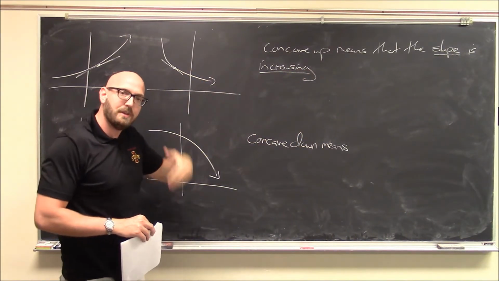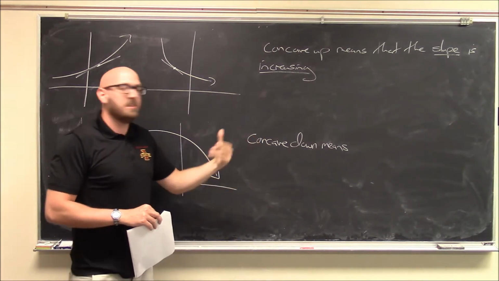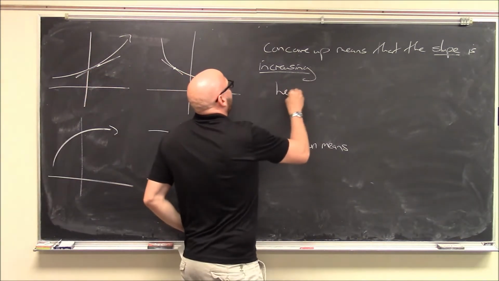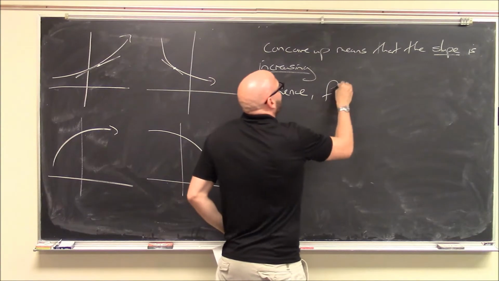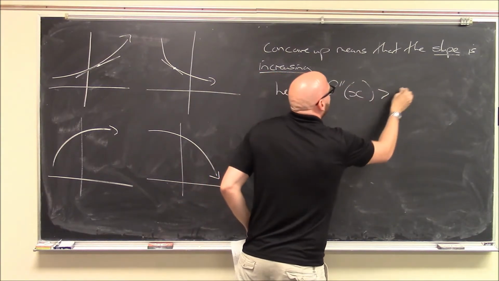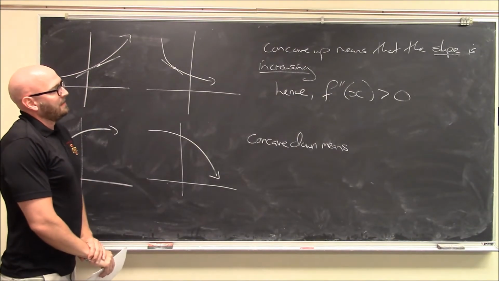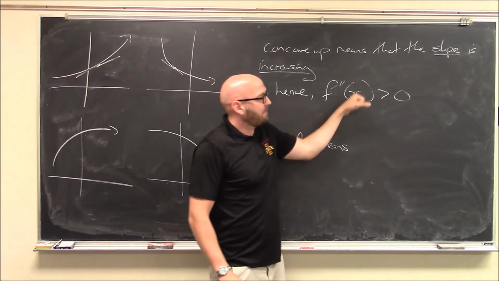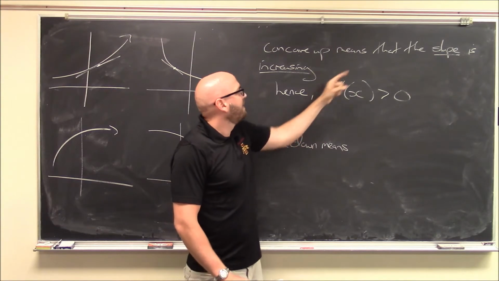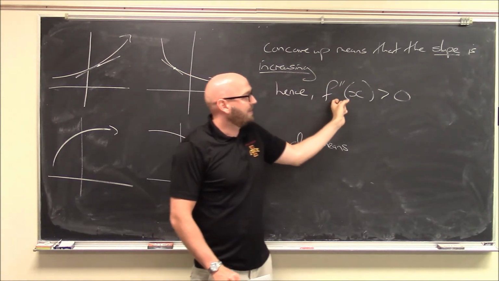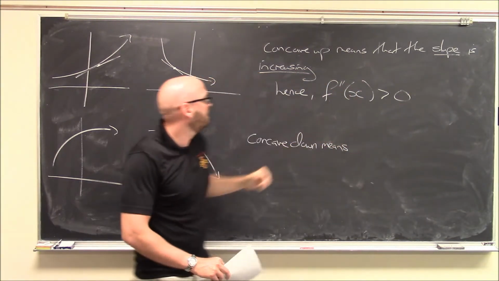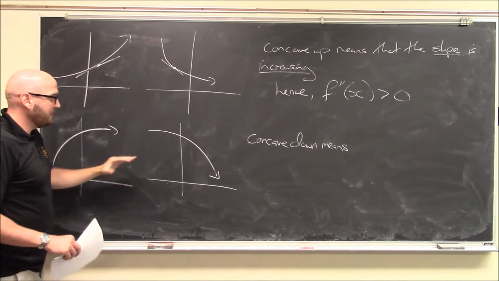So that means the derivative of the derivative has got to be positive. So hence, the second derivative has to be positive. Right? Because this is the derivative of f prime, and since f prime is increasing, the derivative of f prime has to be positive. And similarly, you can reason this out over here.